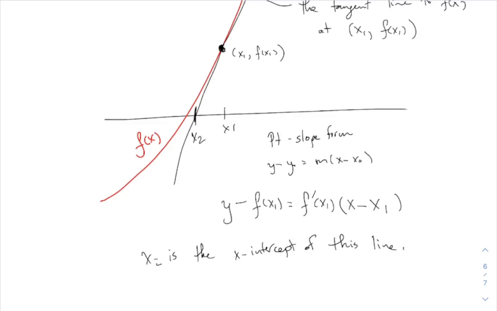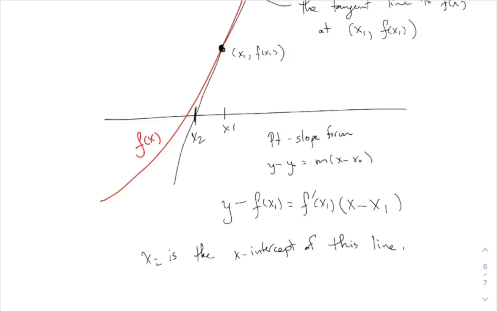I have this formula here. It's got a lot of variables in it. Is it too late in the week to ask how to find the x-intercept of the line? Yeah? Yeah, it's when the y is 0, right?